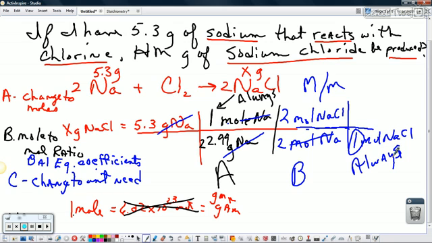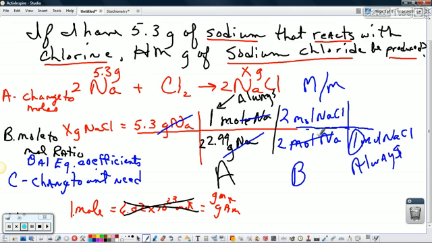Now, before we go on any further, let's pretend for a second that the question said how many moles of NaCl. If I stop right now, what unit do I have? Moles of NaCl. So I could not have to do this last step, depending on what the question asks. If it's already moles, don't change it to something else. Just leave it where it is. Whenever I cancel out, this is the unit I'm left with right here.